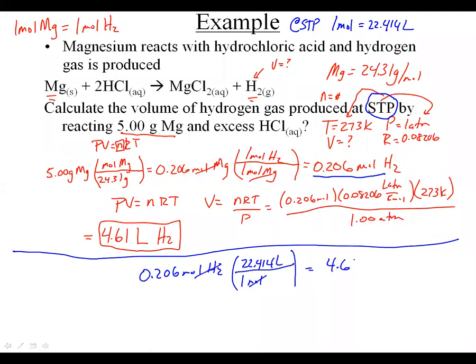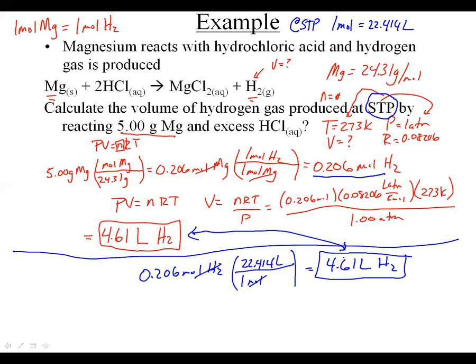You might get a slightly different last digit because of the rounding, but you would essentially get the same number as we did above. So maybe a little slightly different based on rounding, but you essentially get the same answers.